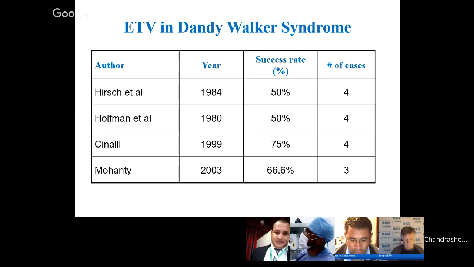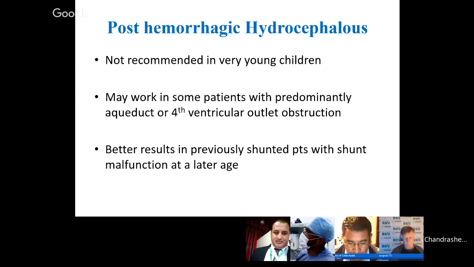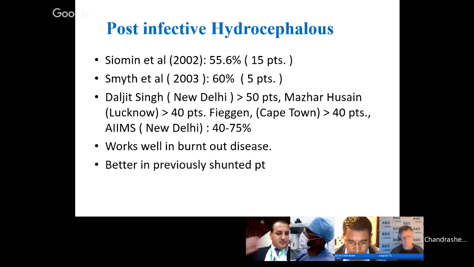In Dandy-Walker syndrome, people have shown about a 50 to 75% success rate. In Chiari malformation, there are very few cases but they have shown more than 50% success rate. In post-hemorrhagic hydrocephalus, if the pattern of hydrocephalus is obstructive, you can get about 50% success rate, but it is not a very good indication. Same for post-infective hydrocephalus, as we talked about earlier.